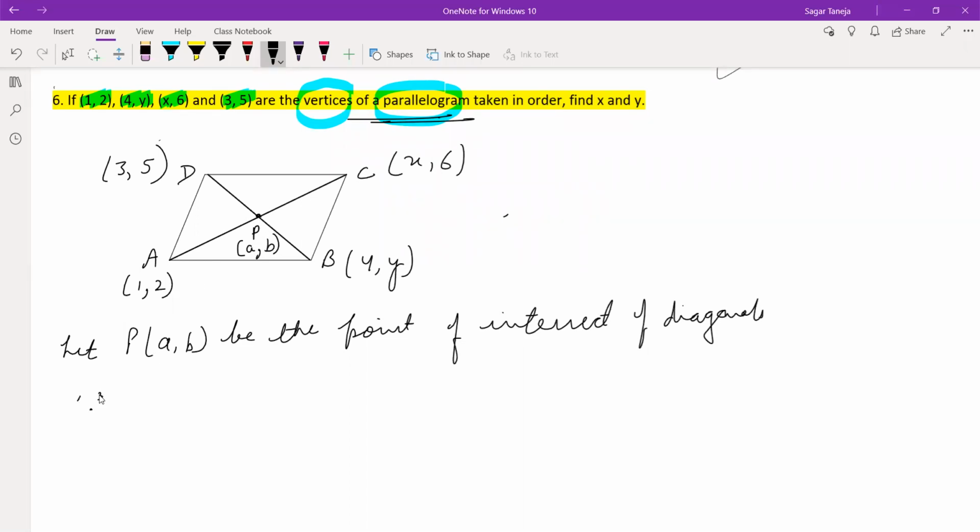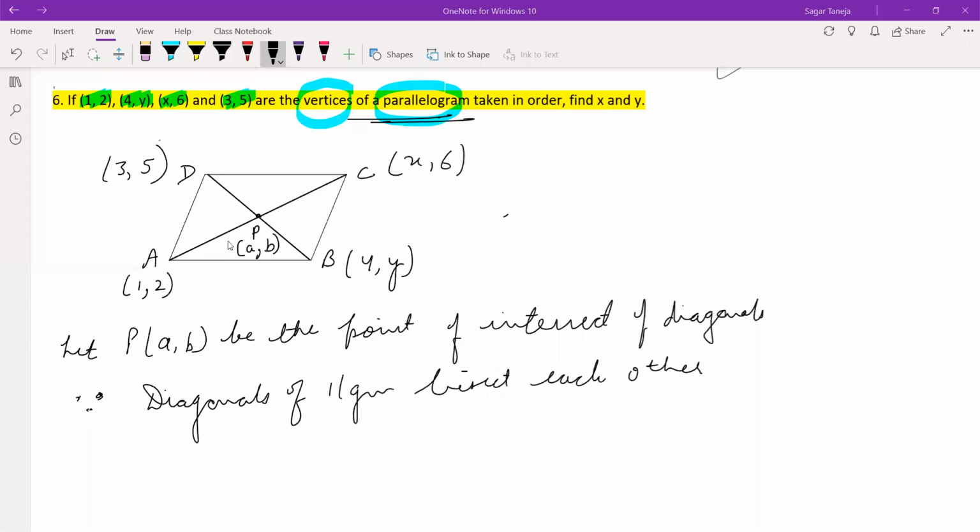Since diagonals of a parallelogram bisect each other, it means this side is equal to this and this side is equal to this side. If this side is equal to this, it means the ratio is 1:1, and here also the ratio is 1:1 because these are equal. So 1:1 from this side and 1:1 from this side also.